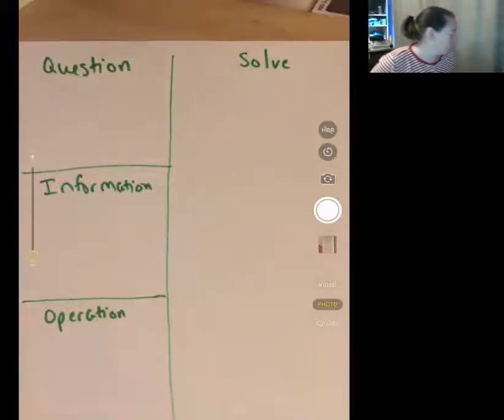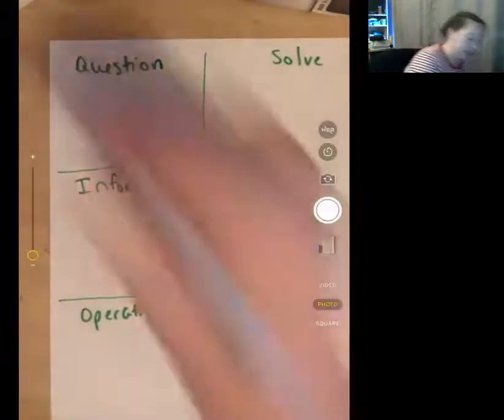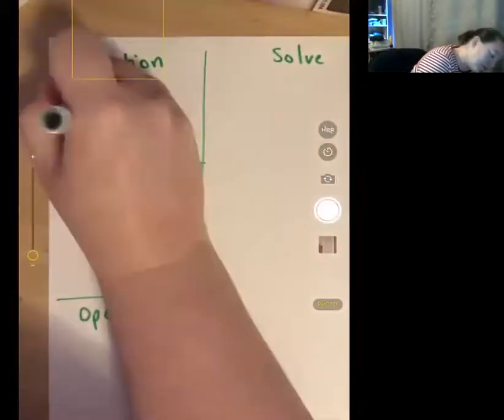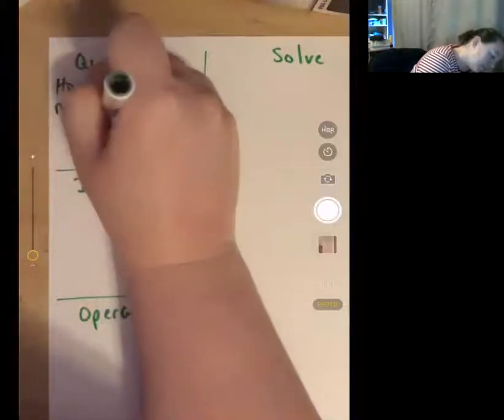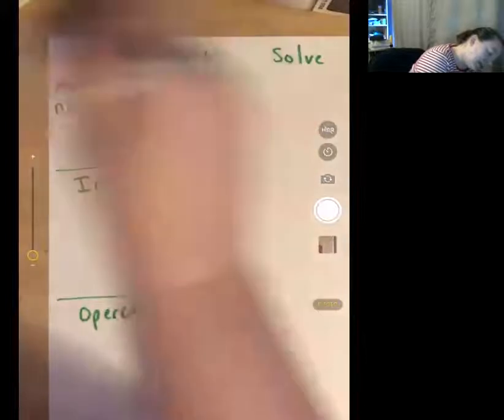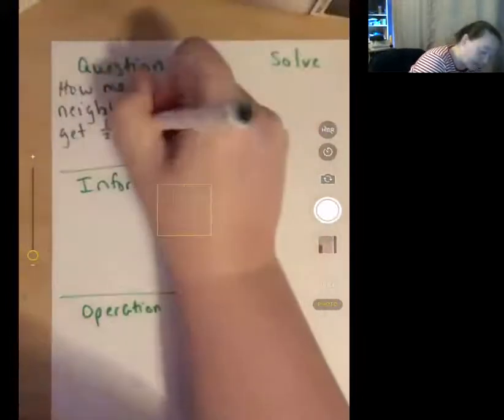Our question, Roberto is cutting 3 blueberry pies into halves to give to his neighbors. How many neighbors will get half of a pie? So our question is literally stated: how many neighbors will get half of a pie.